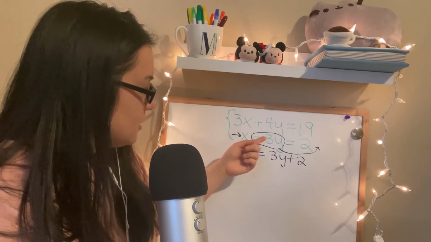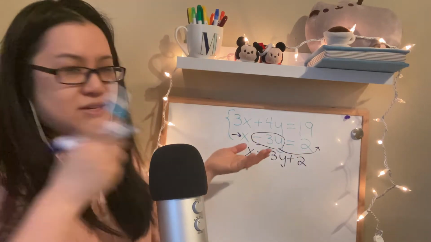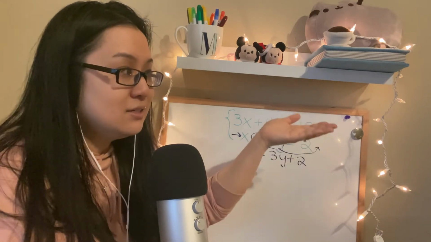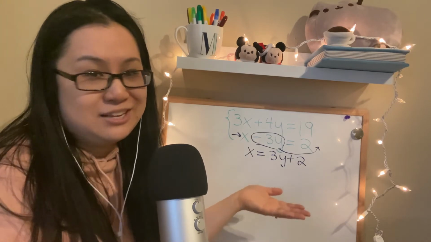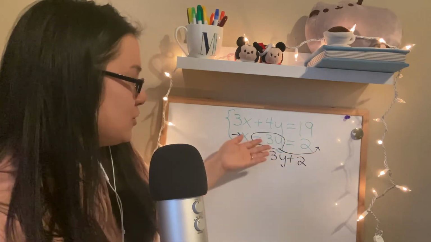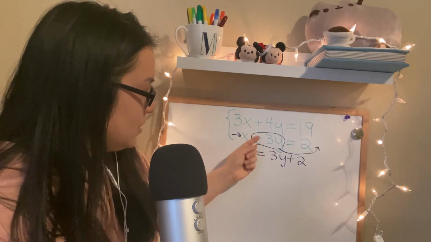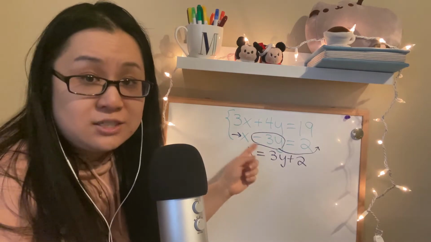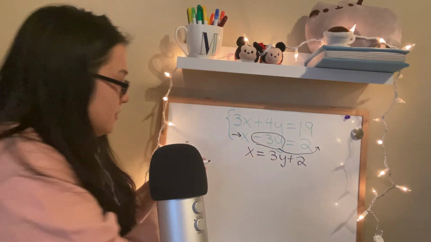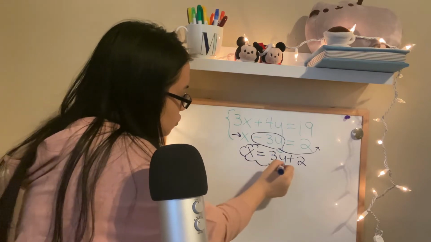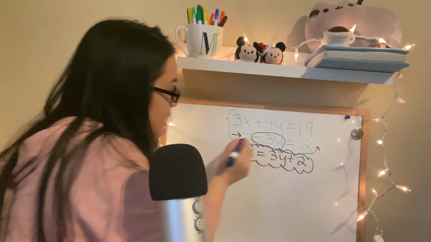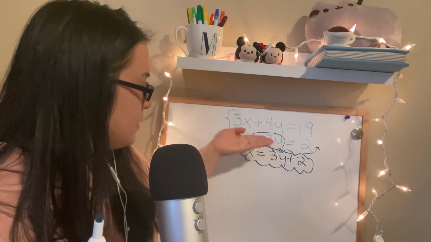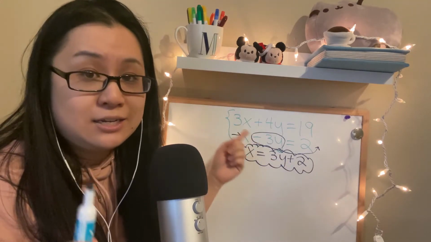So whatever I do on this side, I must do to this side, because if 2 equals 2, and I add 5 to one side to get 7, I have to do it on the other side, otherwise it's all lopsided, right? So all I did was I moved the minus 3y over here, and this equation is an equivalent equation. It is, in terms of information, the same information as that second equation.